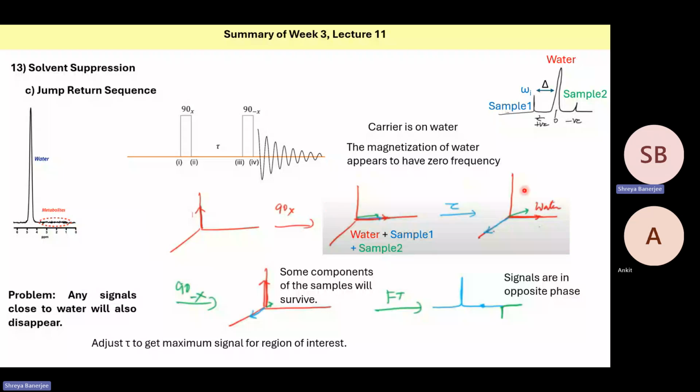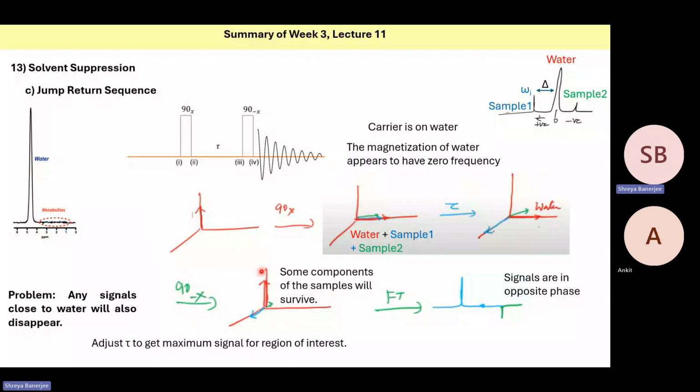But what about the other two signals of sample 1 and sample 2? These two signals were precessing along the transverse plane. So when you apply the 90 minus x pulse, some component of these signals will definitely go back to the z-axis. But the other components will still remain as you can see here.